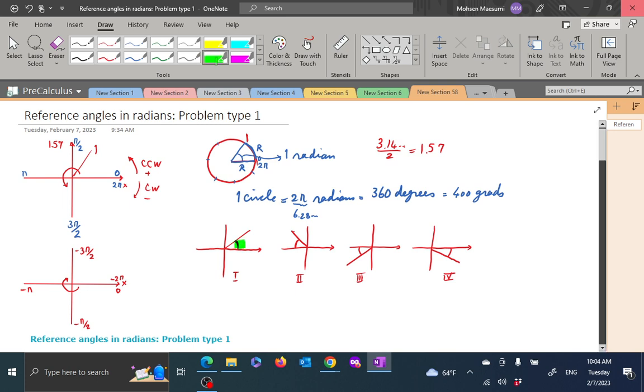So a reference angle is an acute angle, a positive acute angle that is between, if you are dealing with degrees, 0 and 90 degrees.